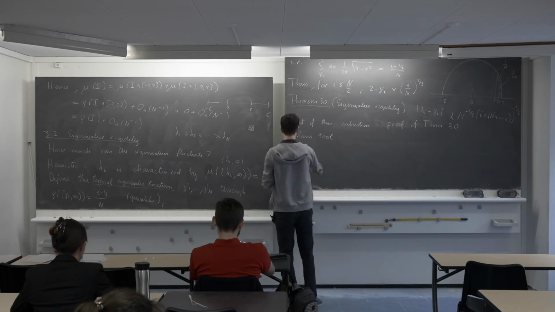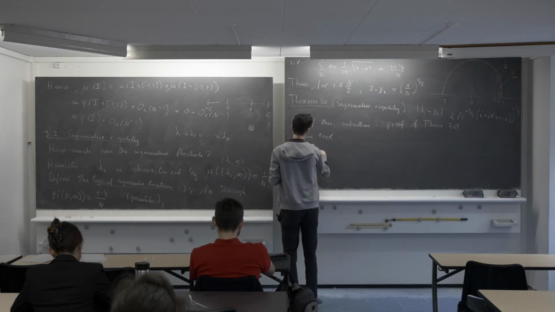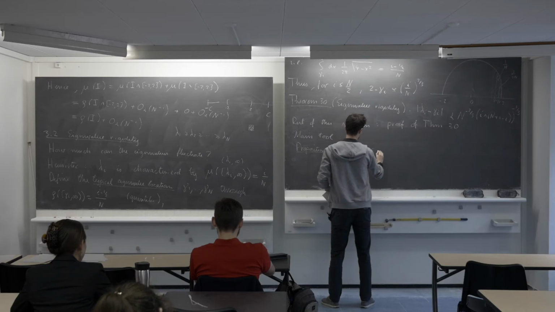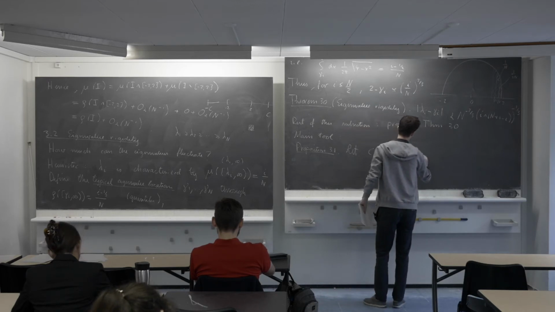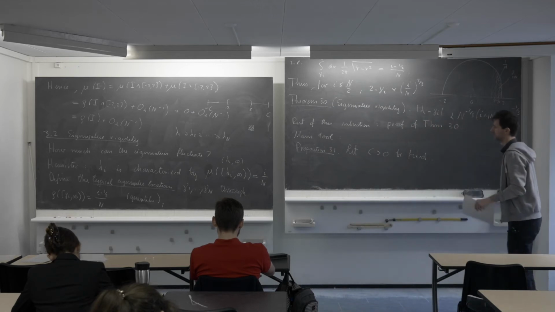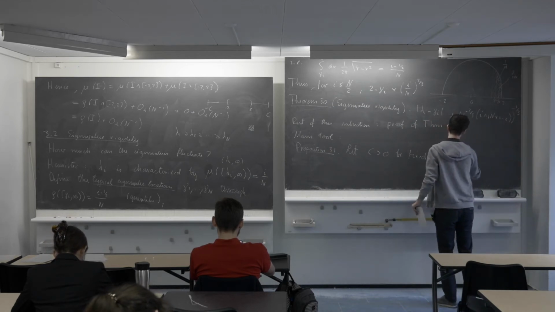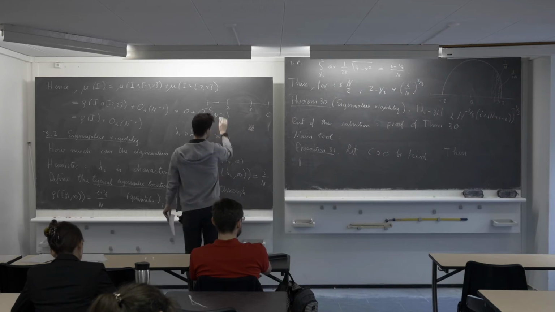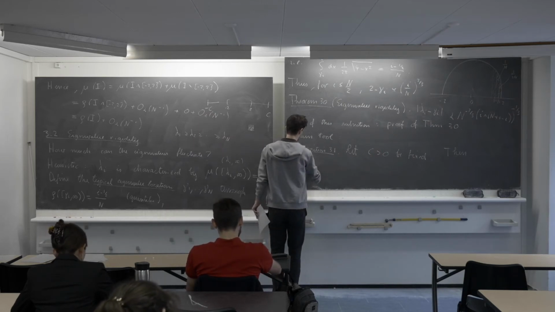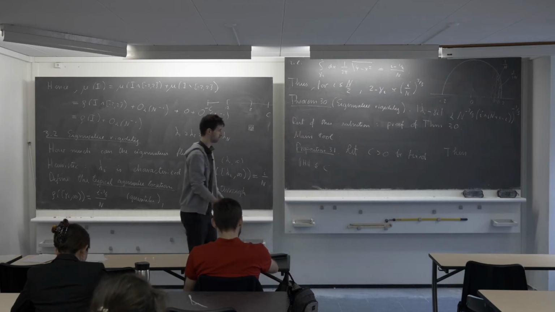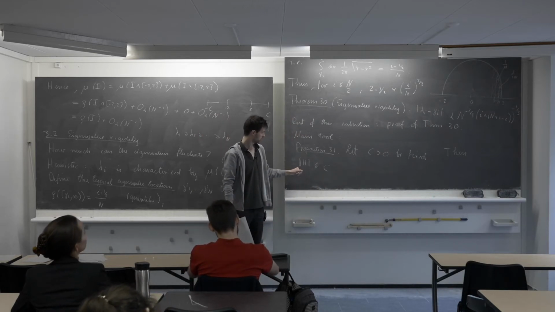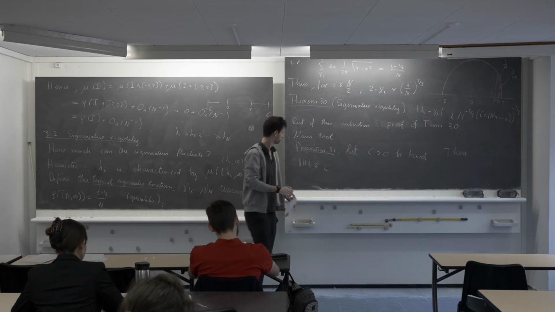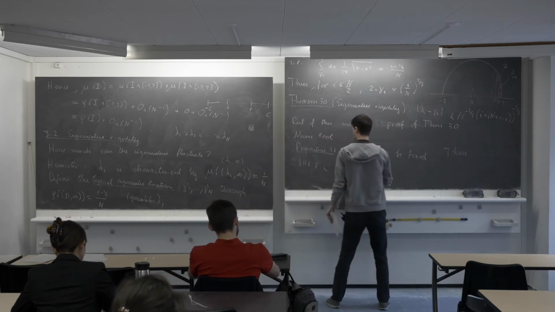So the main tool is the following proposition. We give ourselves some constant c, and the claim is that if the eigenvalues are all contained in this interval -c, c, and the way of formulating that, since H is a Hermitian matrix, is that the operator norm, which is also the largest eigenvalue in absolute value, is bounded by c.